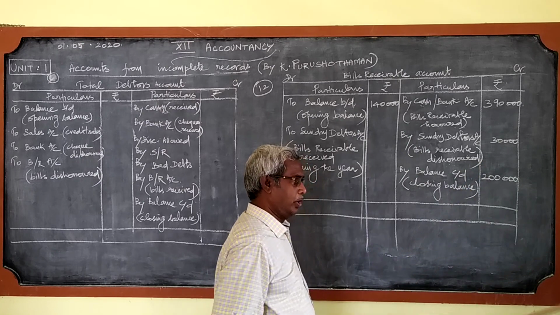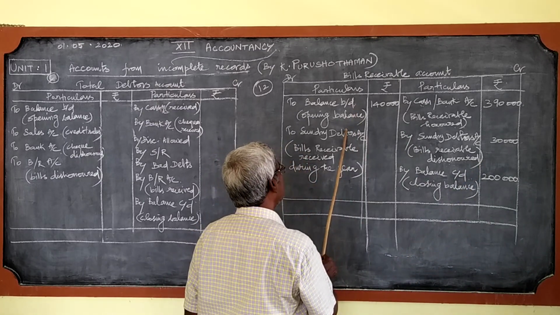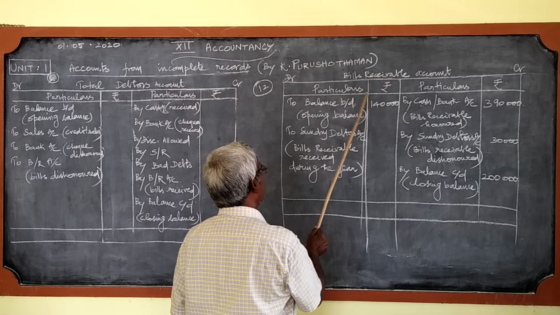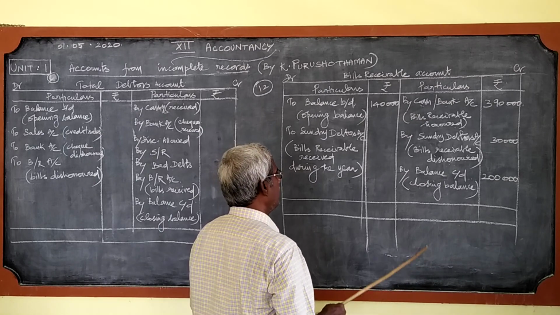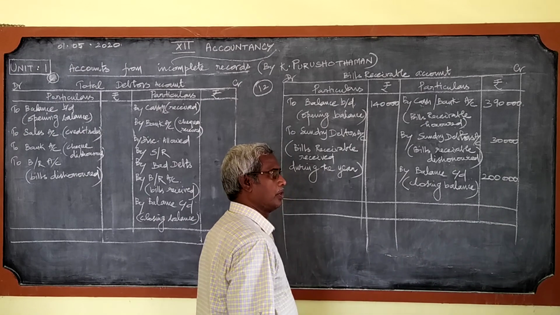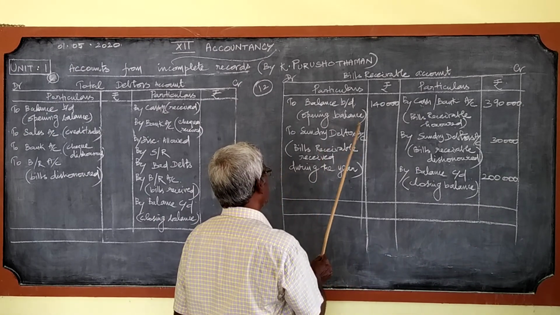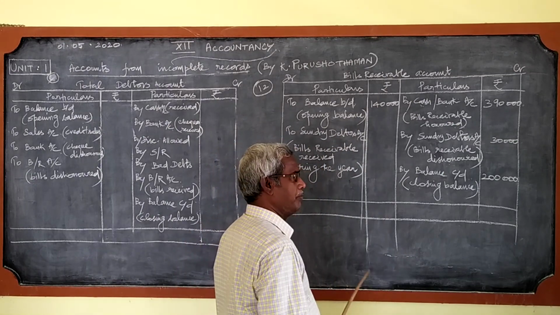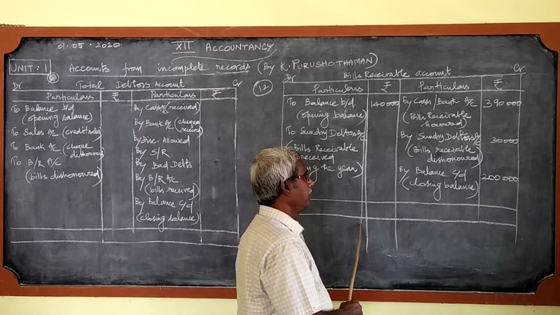And what are the 2 more items given in the problem? As I said earlier, the bills receivable at the beginning of the year, that is 1,40,000, and the bills receivable at the end of the year, which is given here. So we can find sundry debtors, bills receivable received, because out of these 5 items, we know the values of 4 items, so we can find the 5th one.